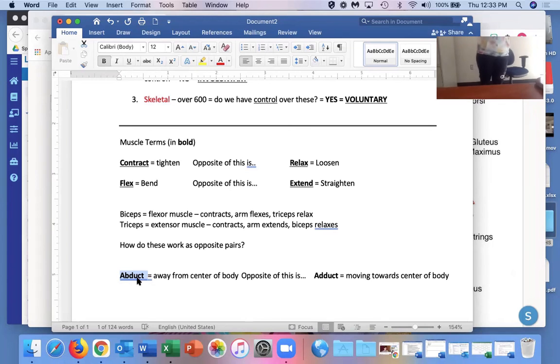Bring your leg out and just hold it until I say stop. Ready, set, go. You're going to abduct your leg out, hold it until you start feeling that in your abductor muscles. Once you start feeling it, you'll know exactly where your abductor muscles are, because that's what the tightening is of. Okay, you can stop.